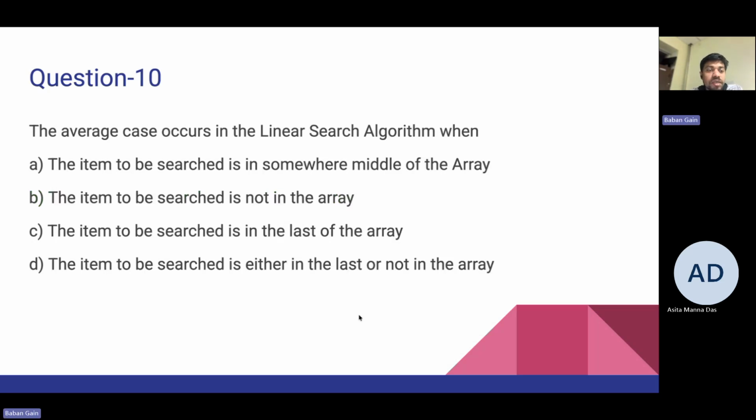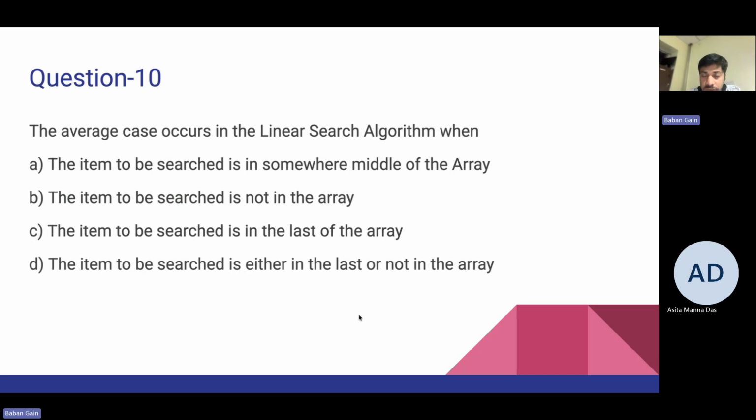Then question 10, the average case occurs in the linear search algorithm when... In linear search, we iterate over all the elements, right? The best case is in the beginning, if we find it in the first element itself. The worst case is if we go to the end and find it only at the end, or even at the end we do not find anything.